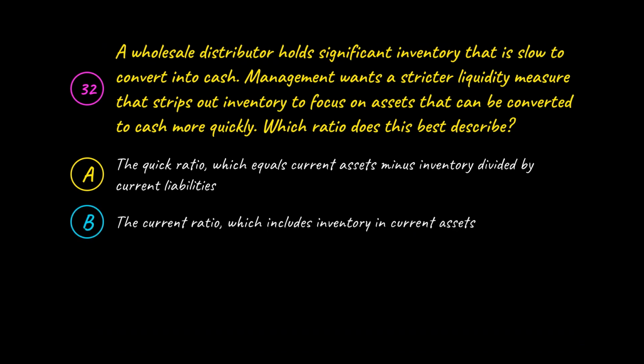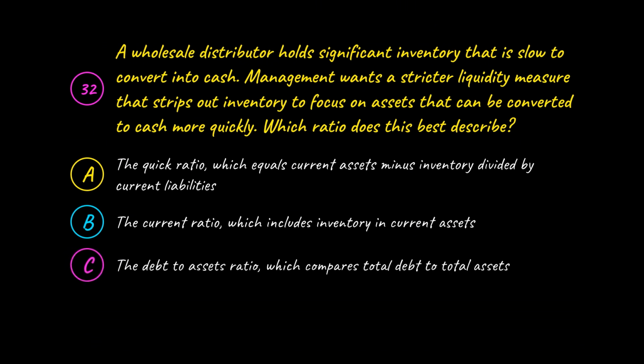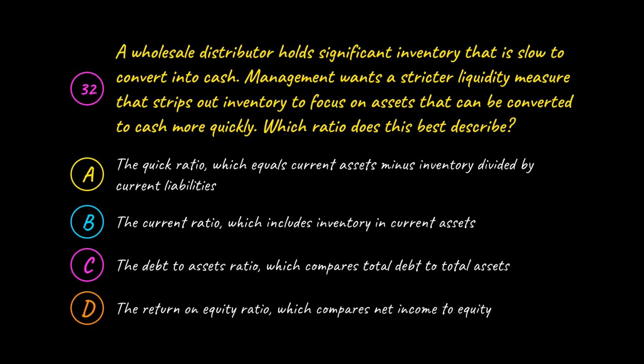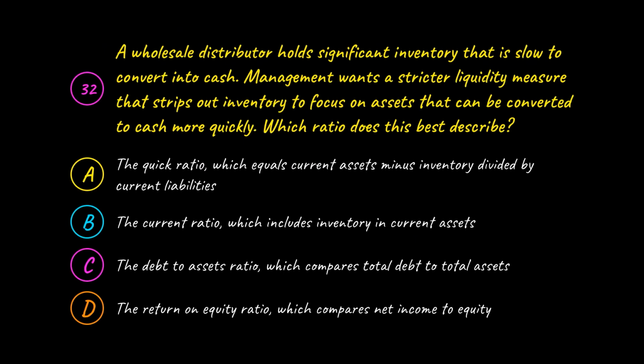B. The current ratio, which includes inventory and current assets. C. The debt to assets ratio, which compares total debt to total assets. D. The return on equity ratio, which compares net income to equity.